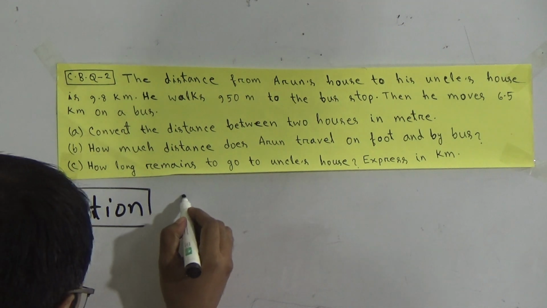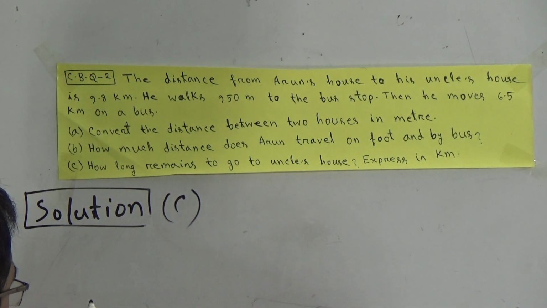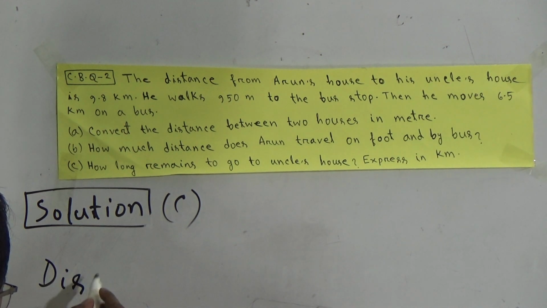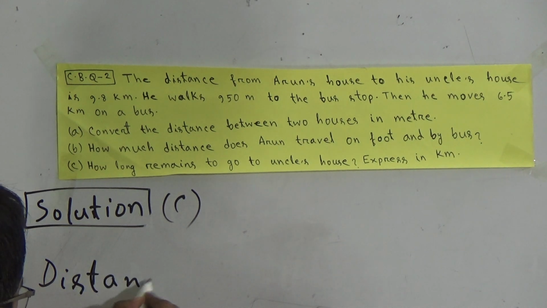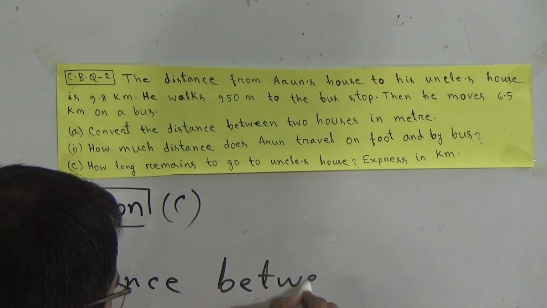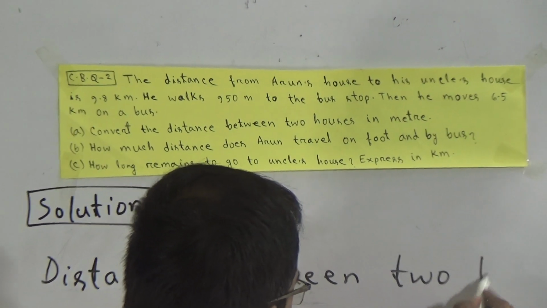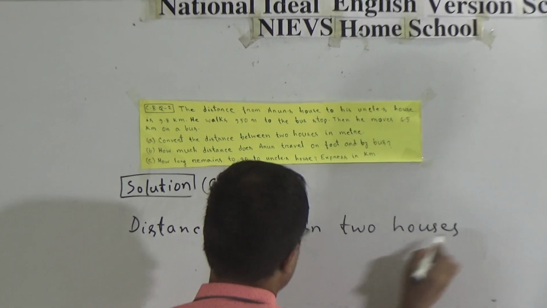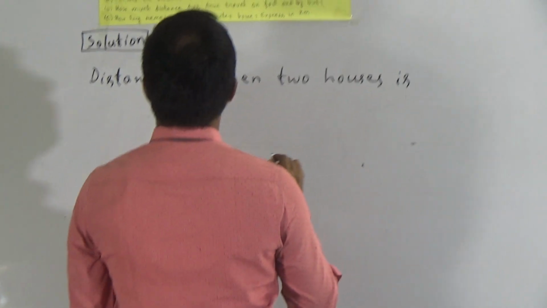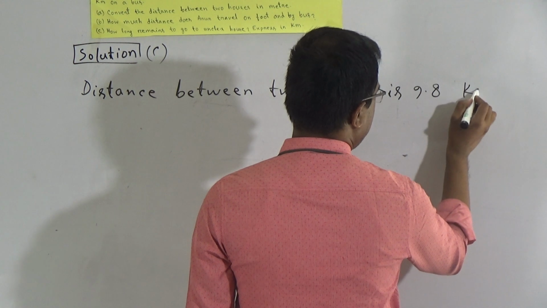C number. Distance from Arun's house to his uncle's house. Distance between two houses is 9.8 kilometer.